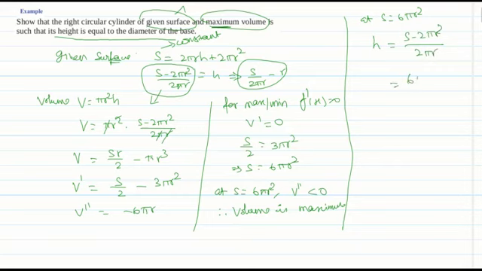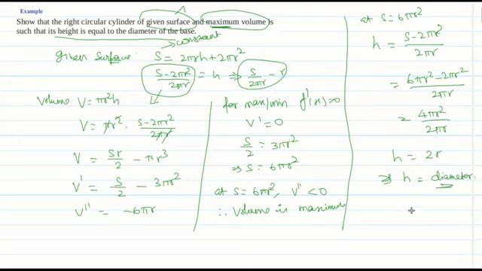Substitute this: 6 pi r square minus 2 pi r square by 2 pi r. Now the numerator becomes 4 pi r square by 2 pi r. When cancelled, you get 2r. This implies, children, h is equal to the diameter. Okay, we proved. This is how we should do the sum.